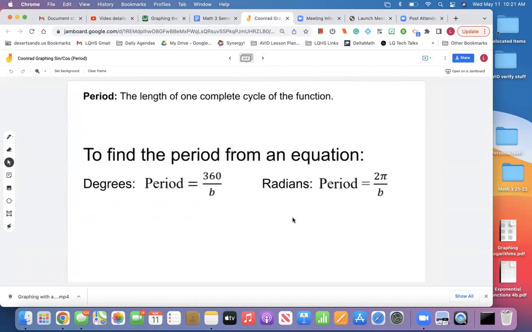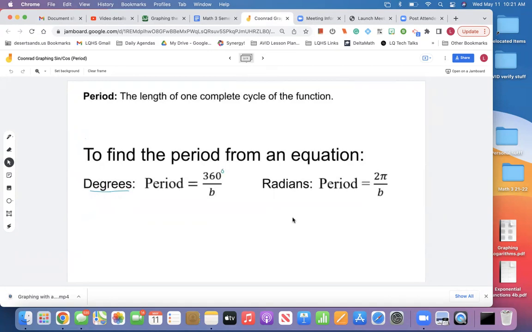Okay, I'm assuming that you paused and you're starting it back up now and you wrote it down. First, you need to figure out or decide if you are in degrees or radians. If you are in degrees, then you use the formula 360 degrees divided by whatever the B is.